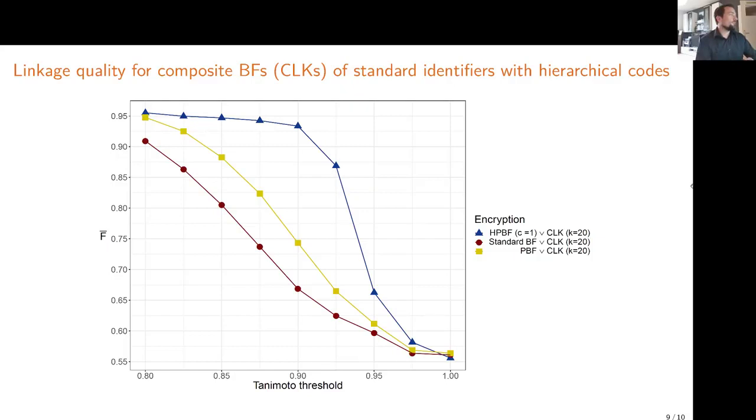The standard Bloom filter approach is the red one, the yellow one is the positional Bloom filter, and the blue one is the hierarchy preserving Bloom filter with a stream length modifier of 1. You can see that the privacy preserving record linkage performance over all thresholds, except of course the exact match threshold of 1, improves quite a bit.